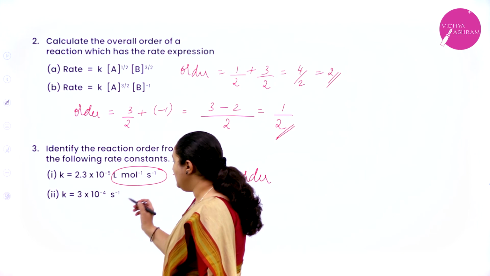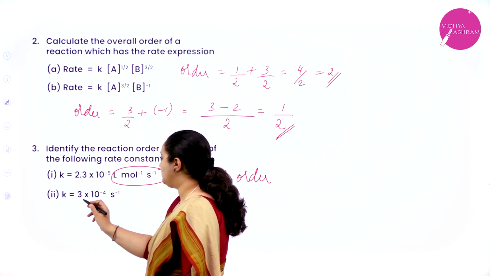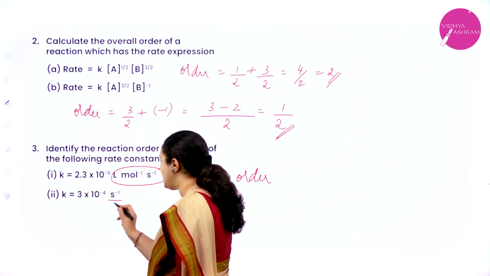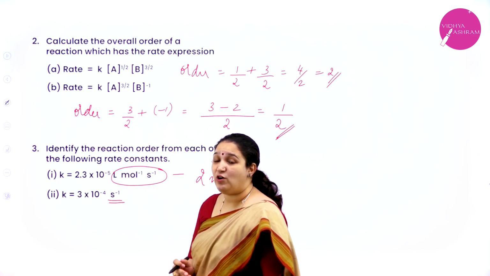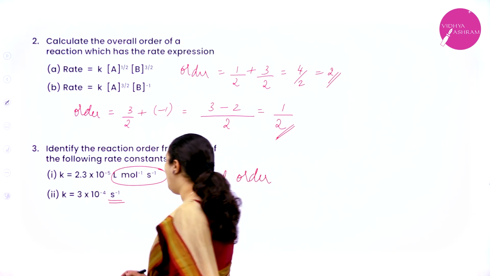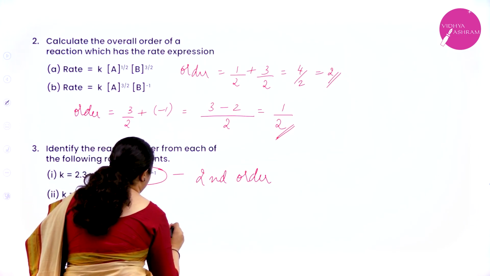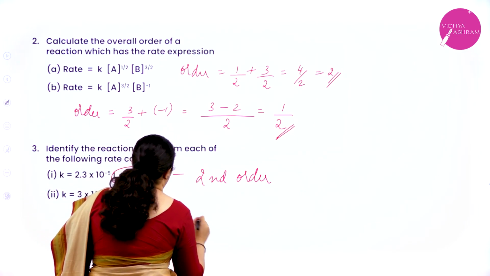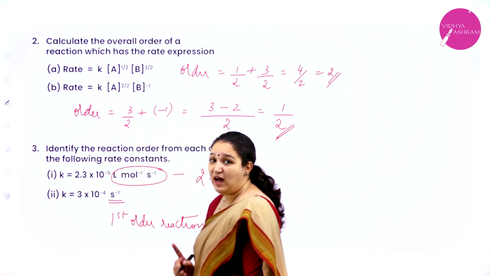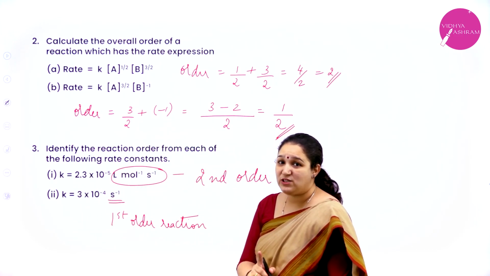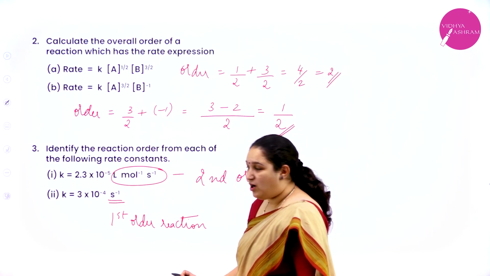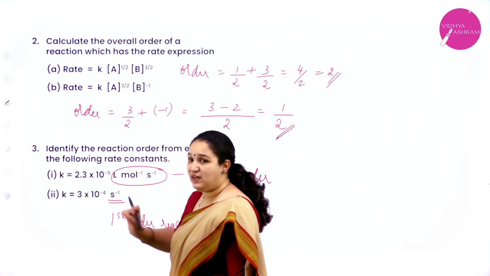Now here, K is equal to 3 into 10 power minus 4 per second. Per second is the unit of which order reaction? For first order reaction. This is how they will ask you a 1 mark question. You just don't bother about the number given here.